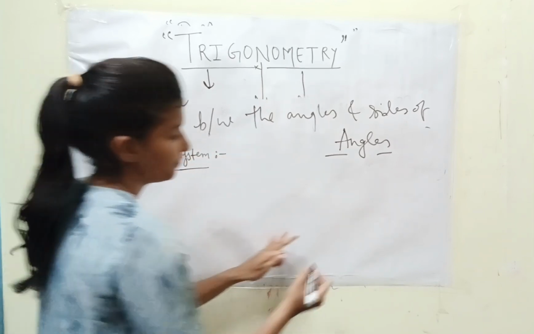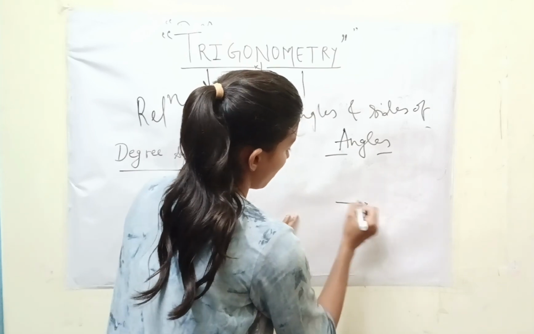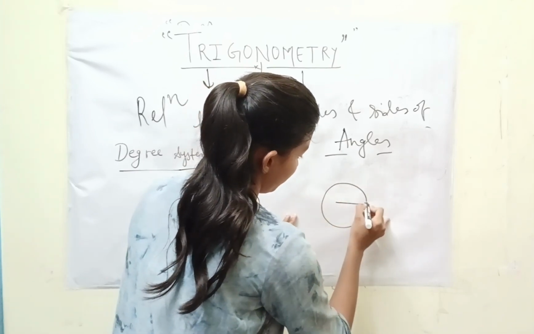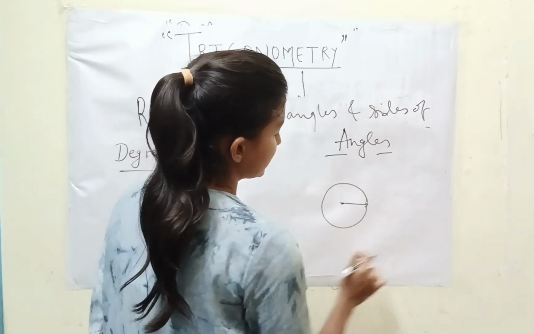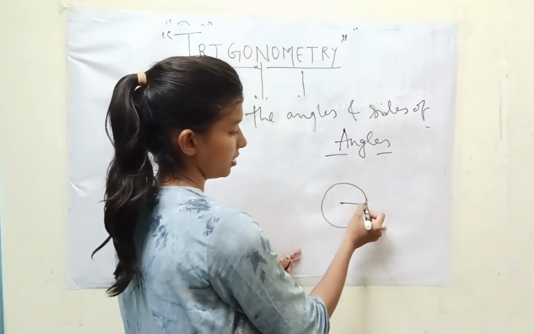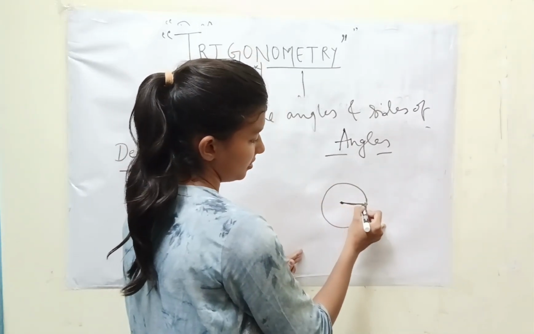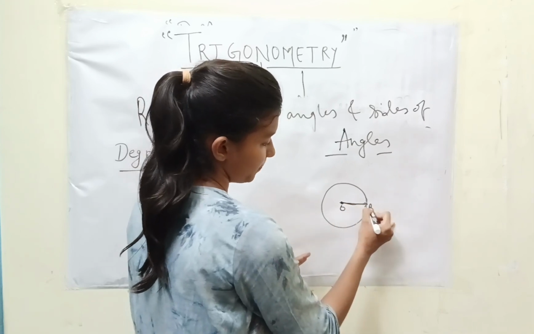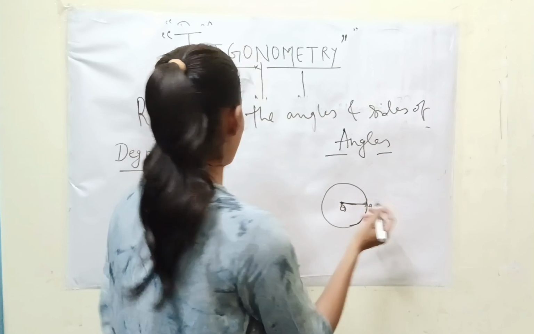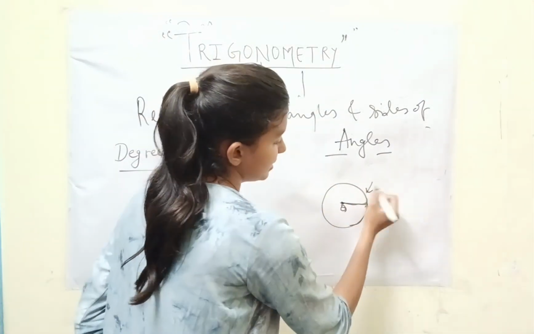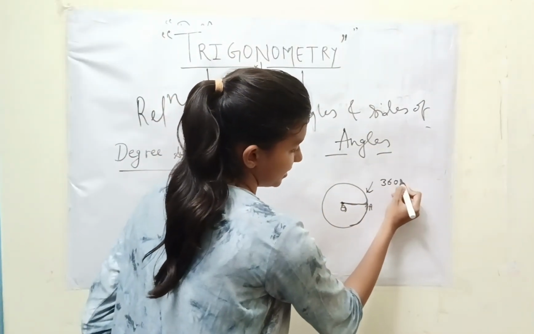In degree system, if we consider an angle, we consider this whole revolution. This initial line rotates from there and takes a whole revolution. Then we consider this whole revolution as 360 degrees.